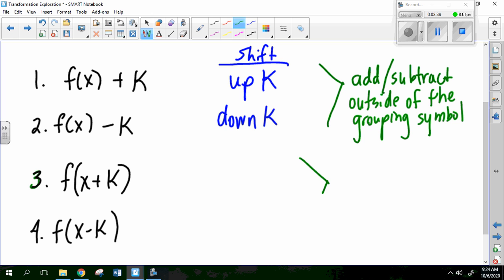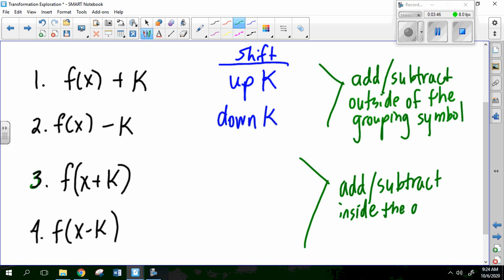What I mean by that is that you add or subtract inside the grouping symbol. So look at the ones that we did that had the plus or the minus inside the absolute value or inside the parentheses.